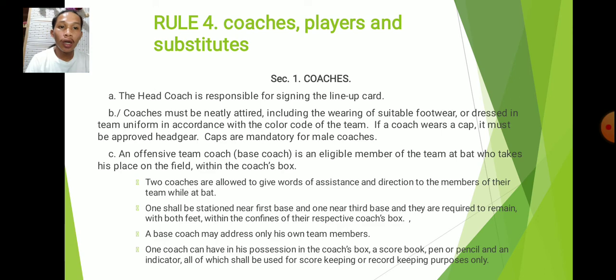Two coaches are allowed to give words of assistance and direction to the members of their team while at bat. One shall be stationed near first base and one near third base, and they are required to remain with both feet within the confines of their respective coach's box.